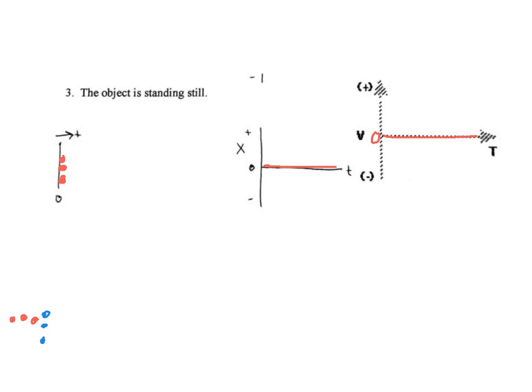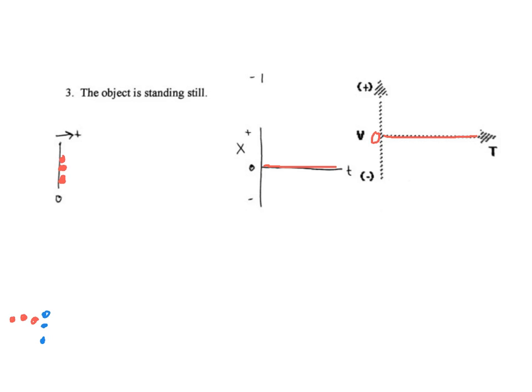Okay, anyway, the point is this. Now this is at the zero position, and the question is, does making those changes affect what this graph looks like? Does the fact that this object is now motionless at position 0, and this one's now motionless at position 0, change the fact that this graph says that the object has no velocity?